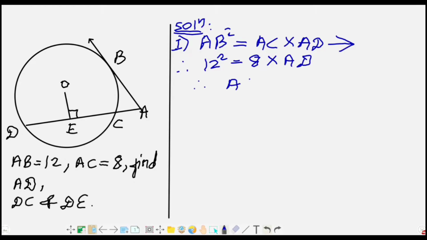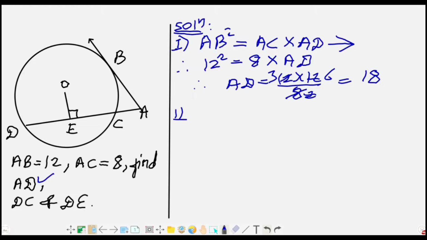So your AD will be 12 into 12 upon 8. 4 2s are 8, 3 2s are 6, 6 3s are 18. So you got your first distance. Now for the second one, AD is the addition of AC and CD, or DC also you can write.